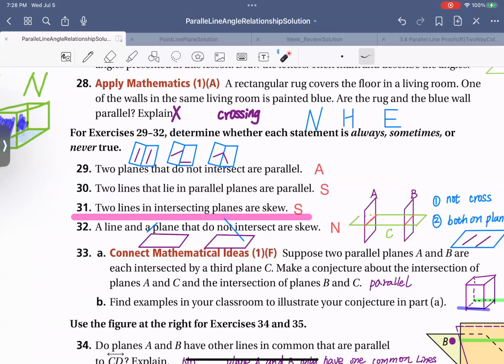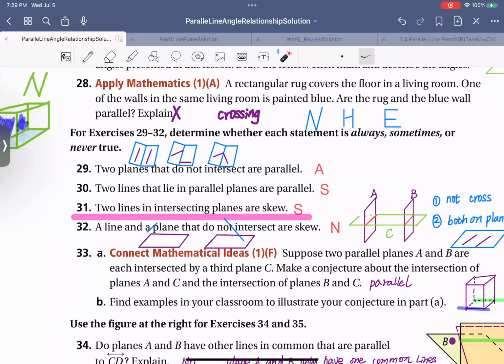So for 2 planes, only 2 scenarios. These 2 planes are either parallel or cross. Even though right now this does not cross, it can extend infinitely. Does this make sense to everyone?